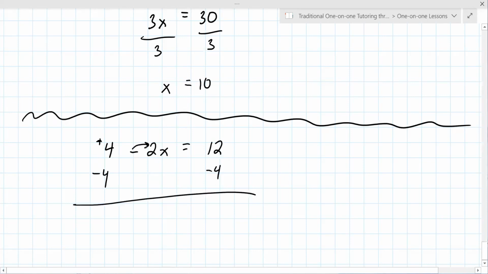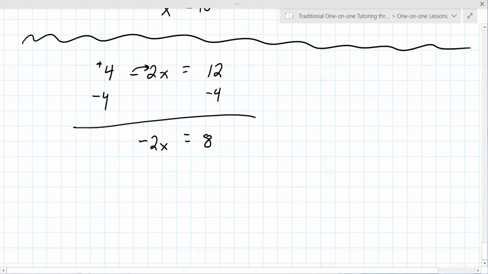Subtract 4 from both sides. This negative goes with the 2. So it's negative 2x equals, what is 12 minus 4? 8. Okay. And then for negative 2x, you should divide both sides by, what's in front of x?